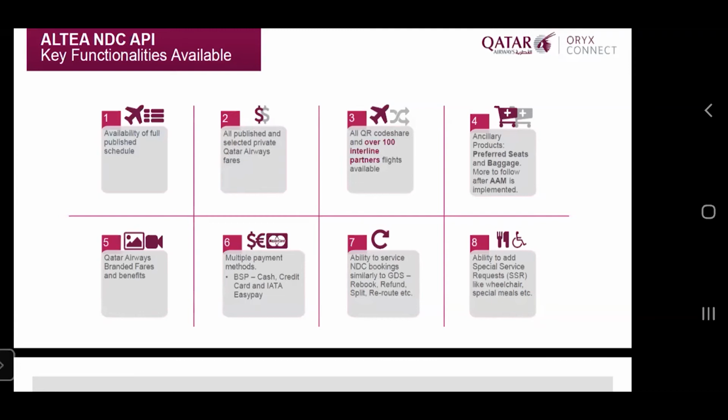And then the version that we have currently, we have the NDC schema version, which we are going to upgrade to later versions very soon. So basically, NDC is the way to go right now, and Qatar Airways is rolling it out in all our markets.